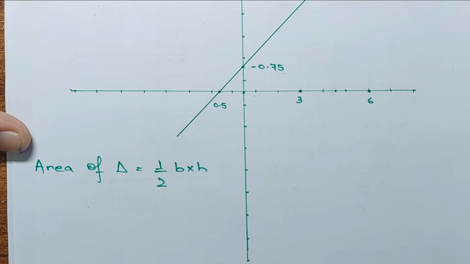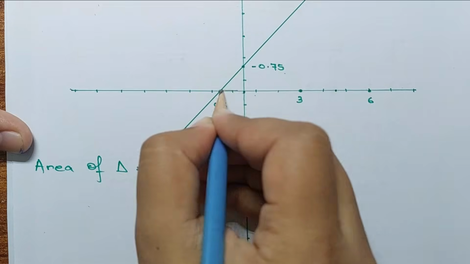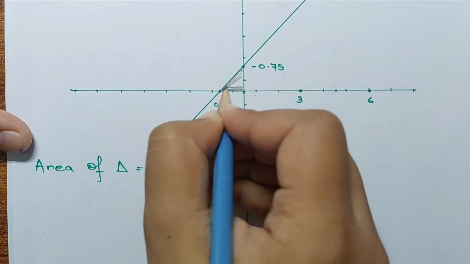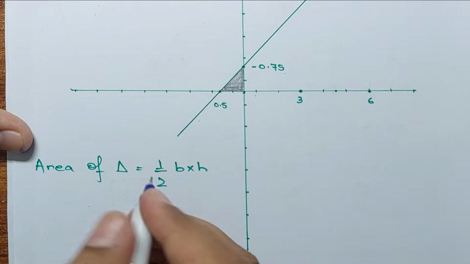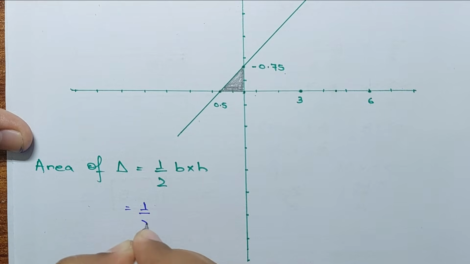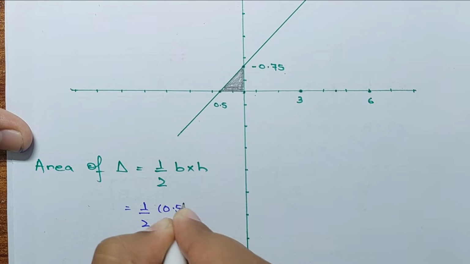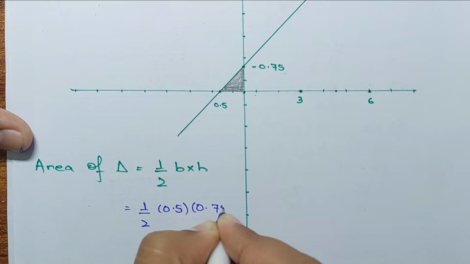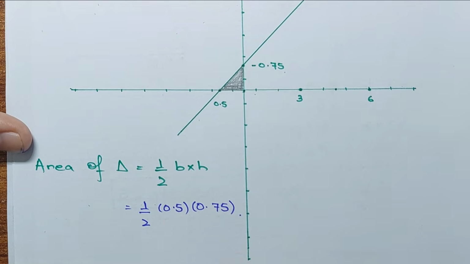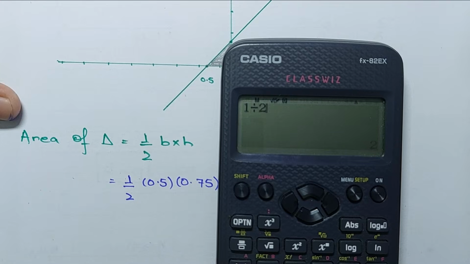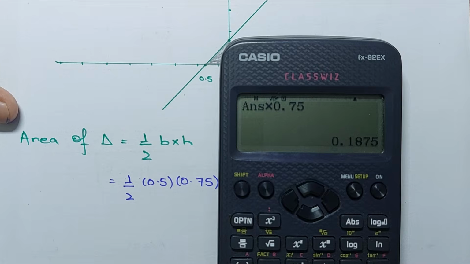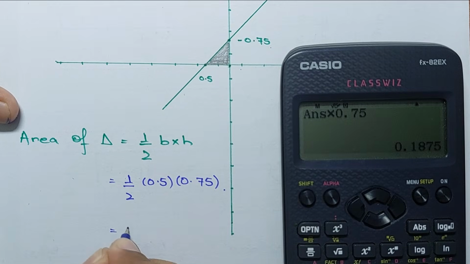It is a right angle triangle. If I shade this triangle, we need to find the area. So half, the base is 0.5 and the height is 0.75. So 1 by 2 times 0.5 times 0.75, that is 0.1875.